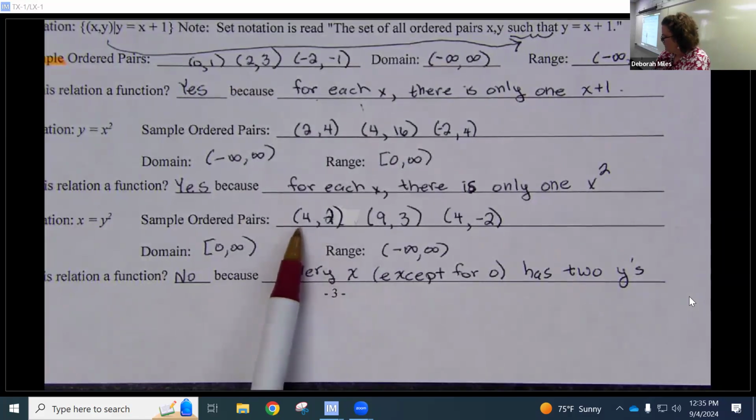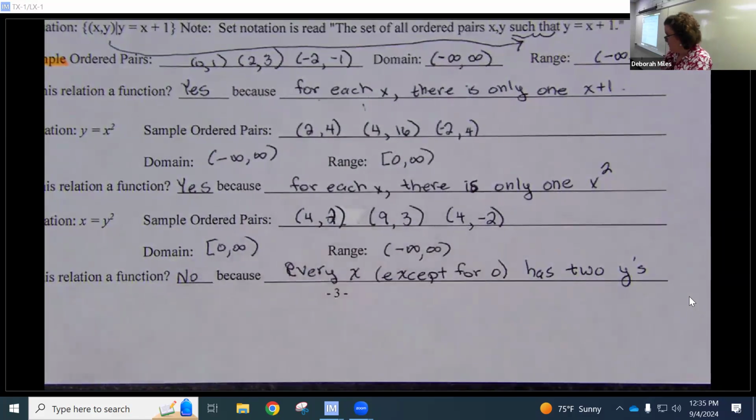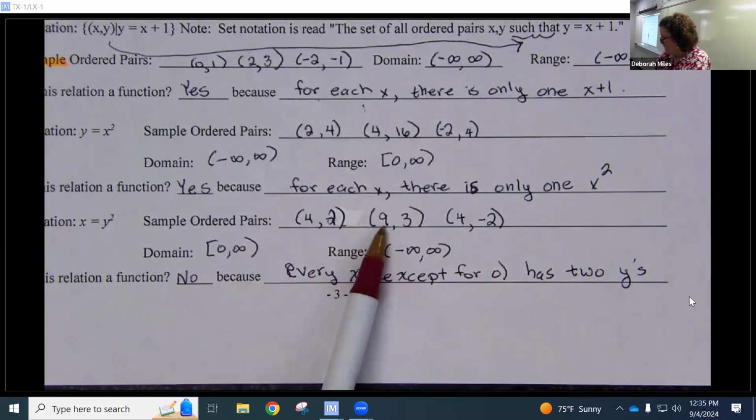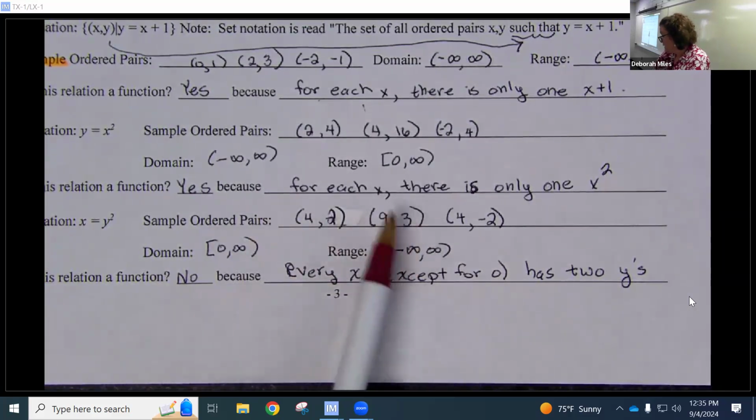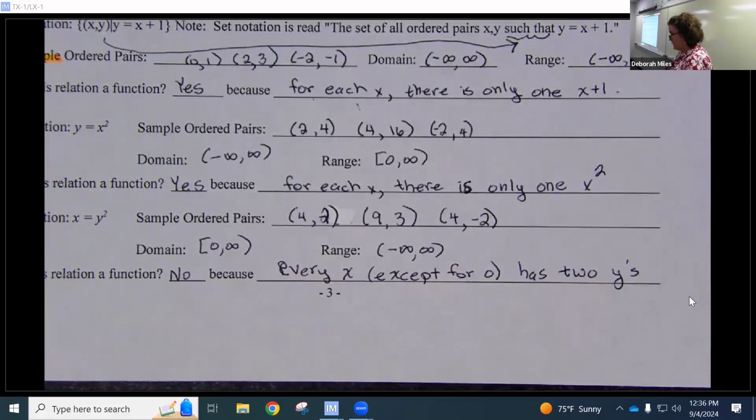When x is 4, y could either be +2 or -2. When x is 9, y could be +3 or -3. If you have one x that has different y's, not a function.